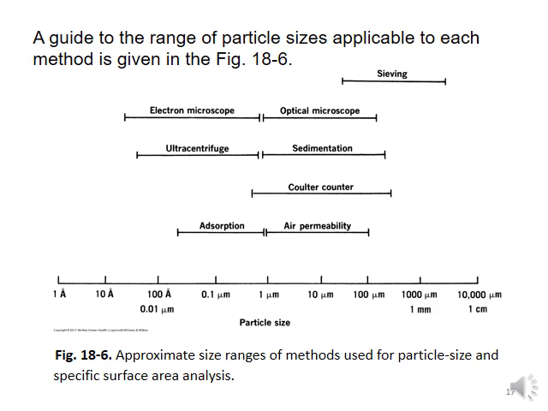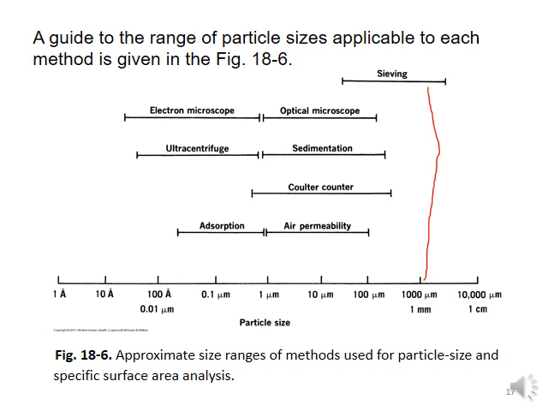This is a basic guide to the range of particle size applicable to each method. For example, if we have particles larger than 1 millimeter, then the sieving method should be applied in order to determine the particle size.